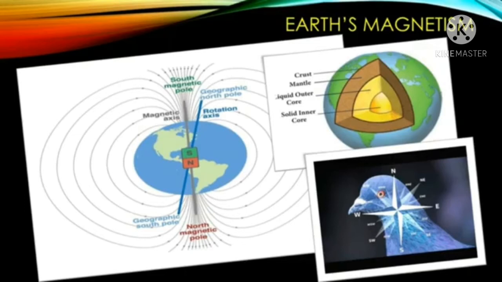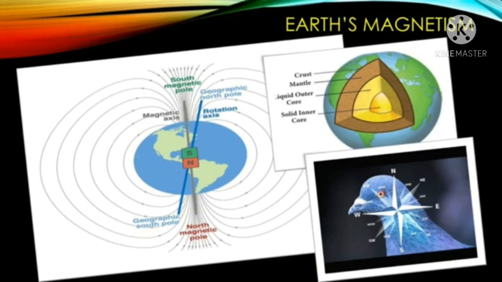The magnetic axis intersects the geographic North Pole at a point called the North Geomagnetic Pole or Northern Magnetic Pole. It intersects the geographic South Pole at a point called the South Geomagnetic Pole or Southern Magnetic Pole.